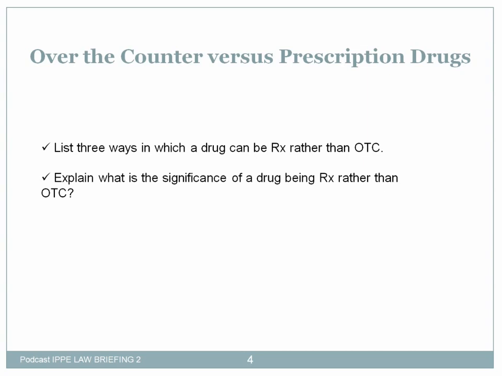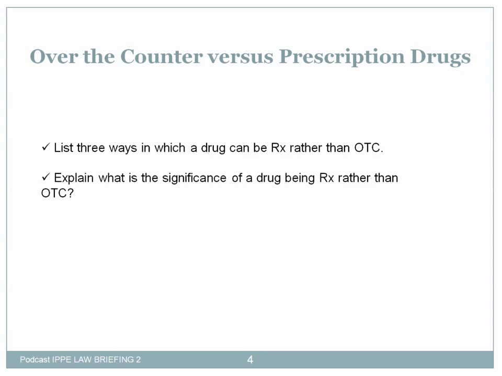That is a general catch-all section which a decision can be made by the FDA that a particular drug is not capable of being labeled for safe and effective use without medical supervision. And if a product cannot be labeled for safe and effective use without medical supervision, then necessarily under this section of the law it becomes a prescription drug. So that is the second way that a drug can become a prescription rather than an over-the-counter.